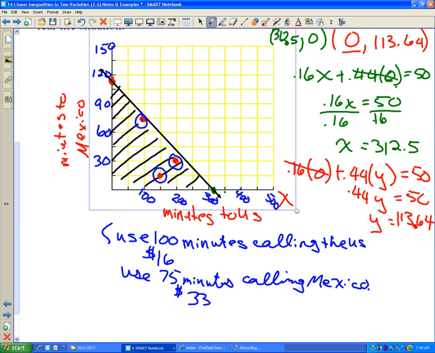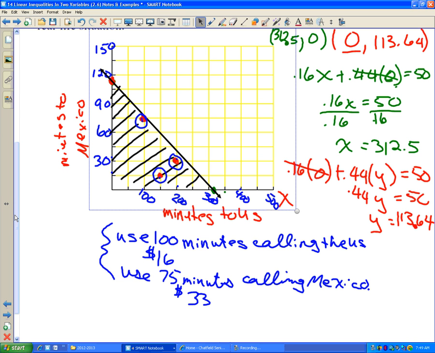So this is what I need to write for all 3 of my points. I use 100 minutes calling the US. I use 75 minutes calling Mexico. This one, I use 200 minutes calling the US, 30 minutes calling Mexico. This one, I use 150 minutes calling the US, 15 minutes calling Mexico.